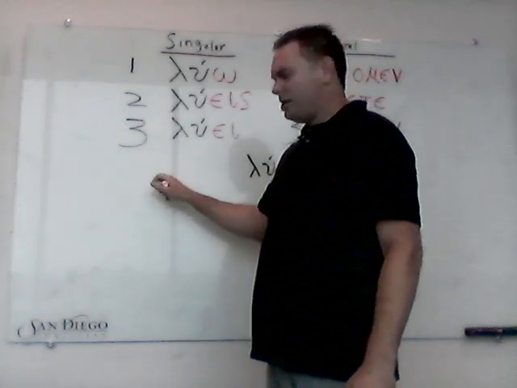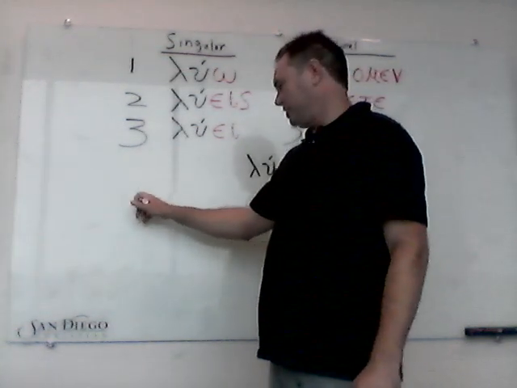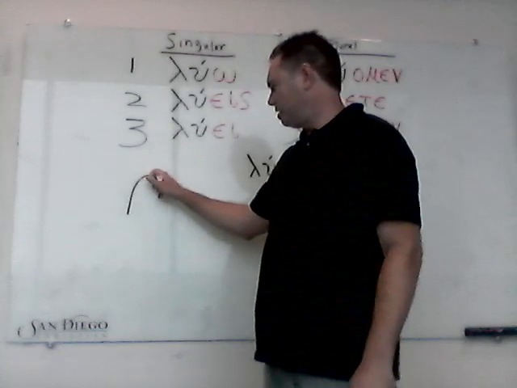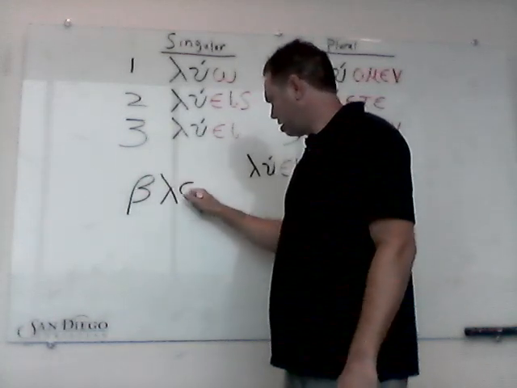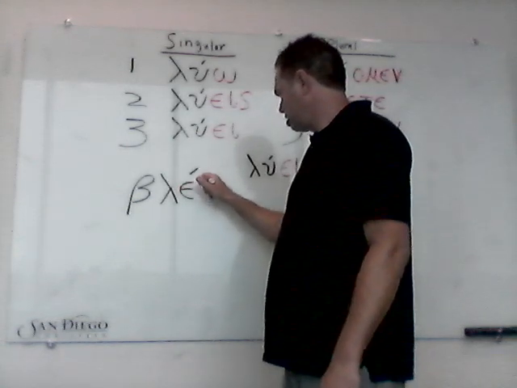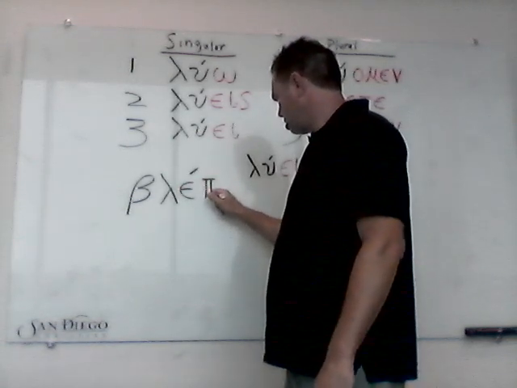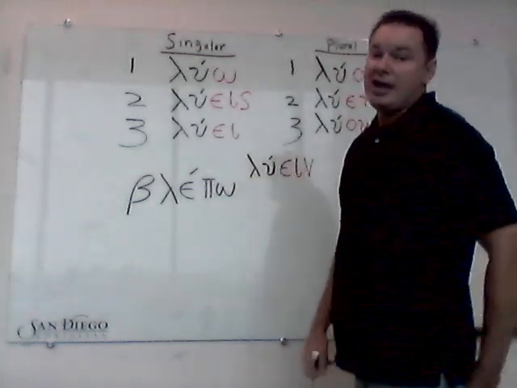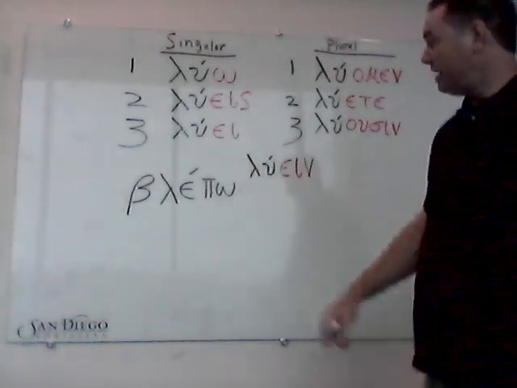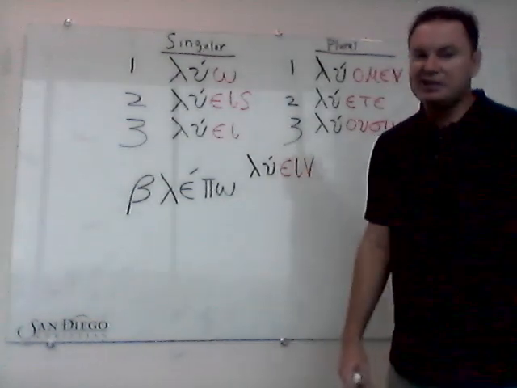The verb, one of the verbs we learned, one of my favorites, I don't know why, I just like the sound of it. Blepo. Now, if we say blepo, that means I see.